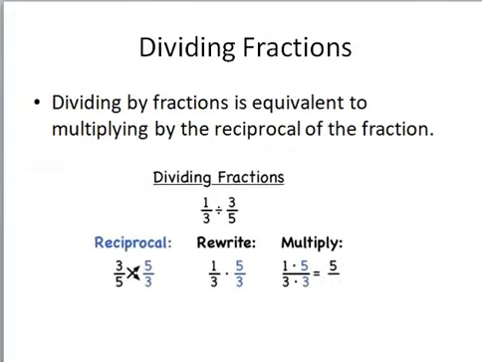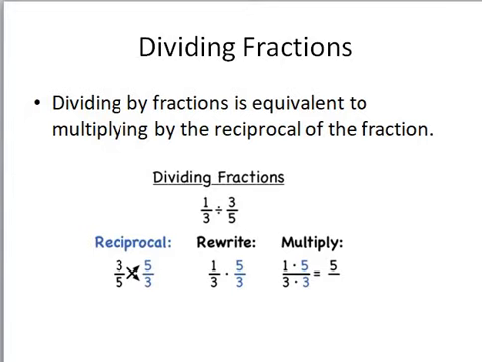Before we start, it's important to know how we divide fractions. If you divide a fraction by a fraction, there is a fraction in the divisor.